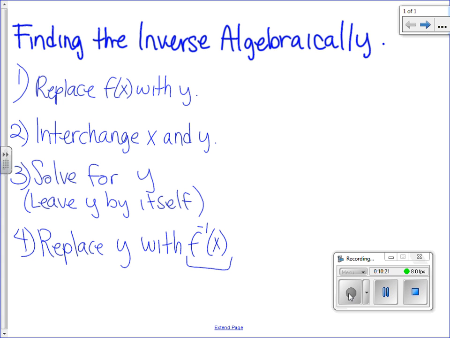In example 9, I have a function h of x is equal to the cube root of x minus 3. I'm going to start with step number 1. I'm going to replace, in this case, not f of x, but h of x with y.